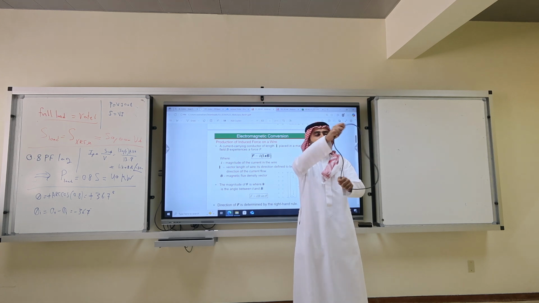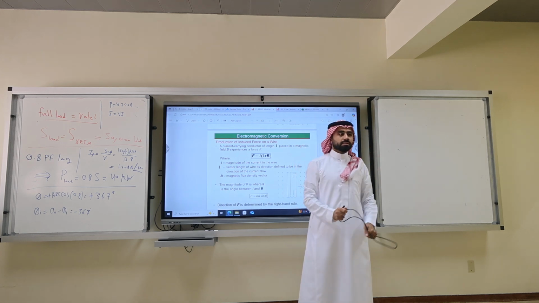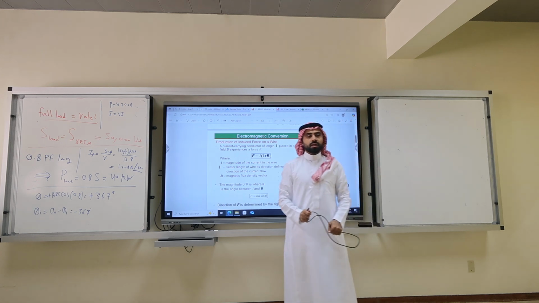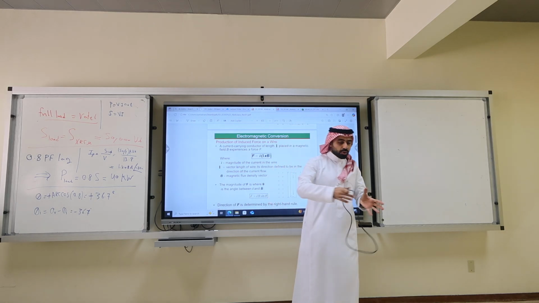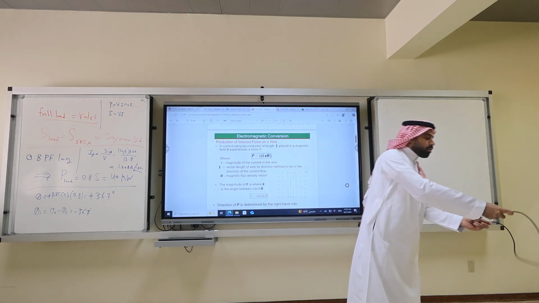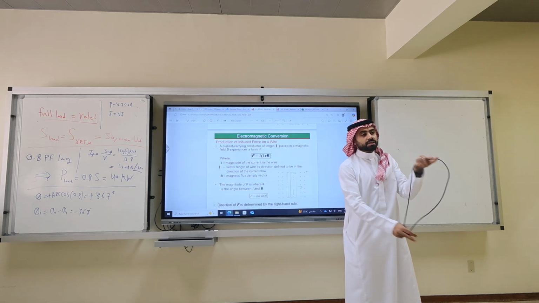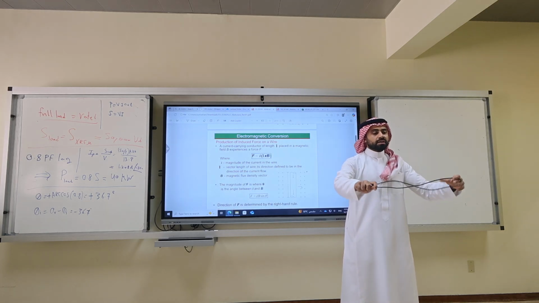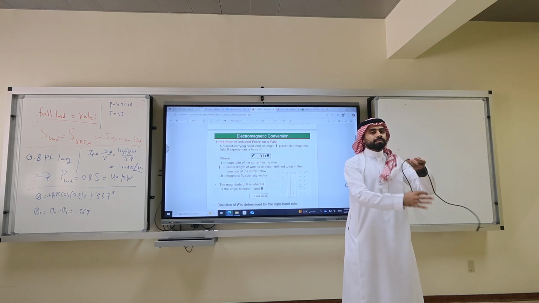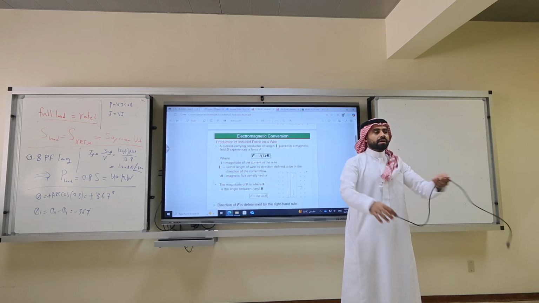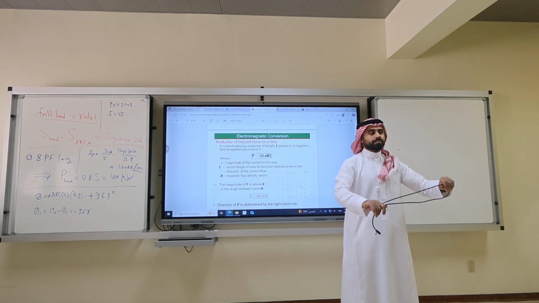What is the ultimate result? It will spin. That's why electric motors are cylindrical with coils that look like that. The magnetic field would spin them if I apply current. It's very simple.